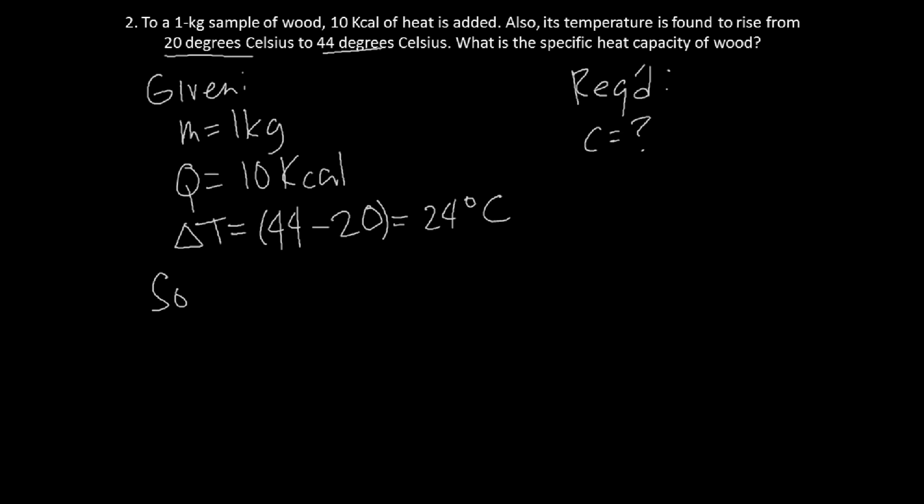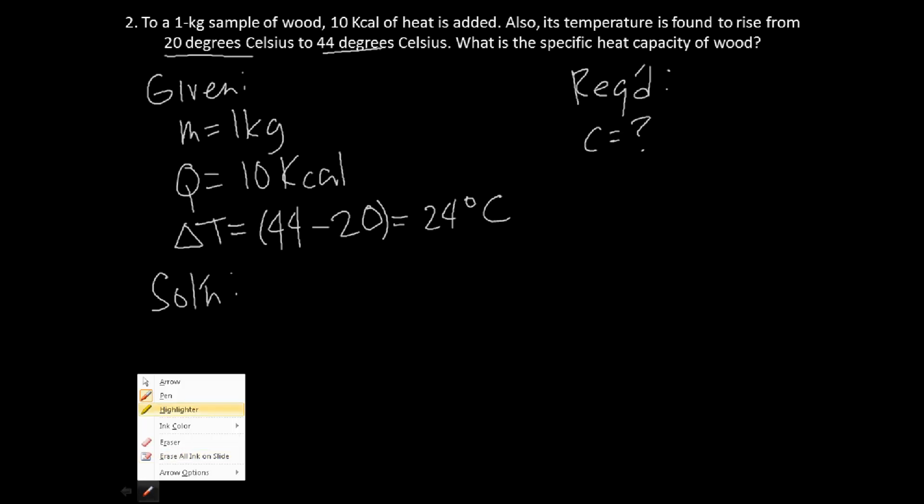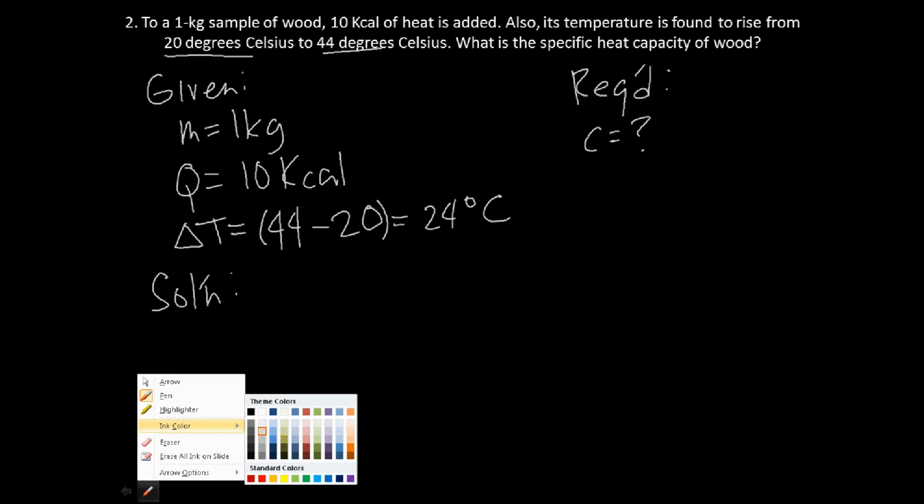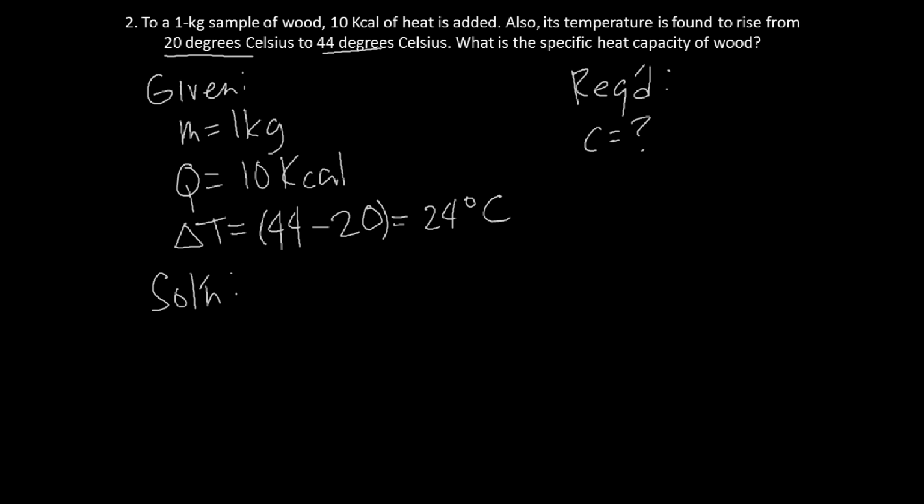So here's the solution to our problem. I'm just going to change first the ink color. Let's make this light blue. Alright, so the formula for C is given by heat over mass times delta T. Now we have here the Q. We're just going to substitute the values.